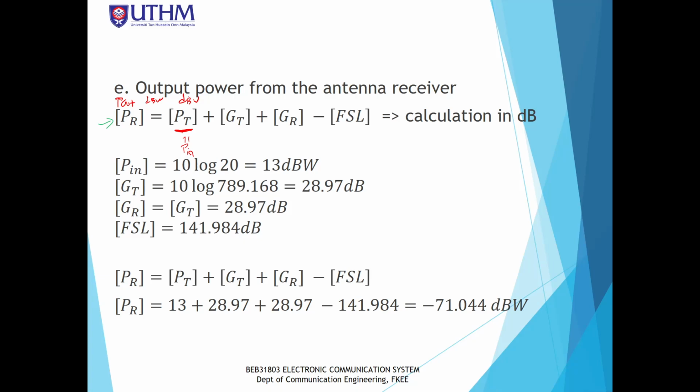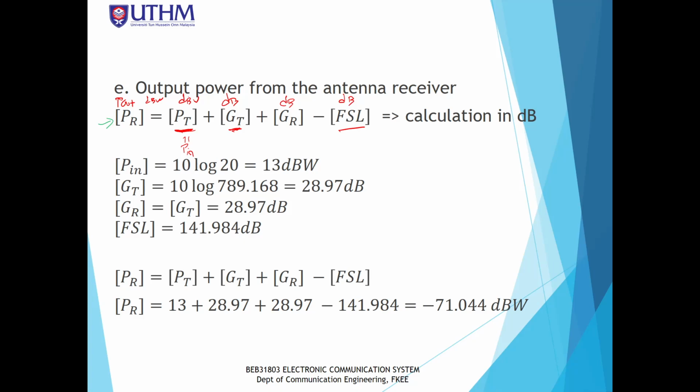So don't be confused with these solutions. From here you see that PT in dBW plus transmitter antenna gain in dB plus receiver antenna gain in dB minus losses, which is FSL in terms of dB.